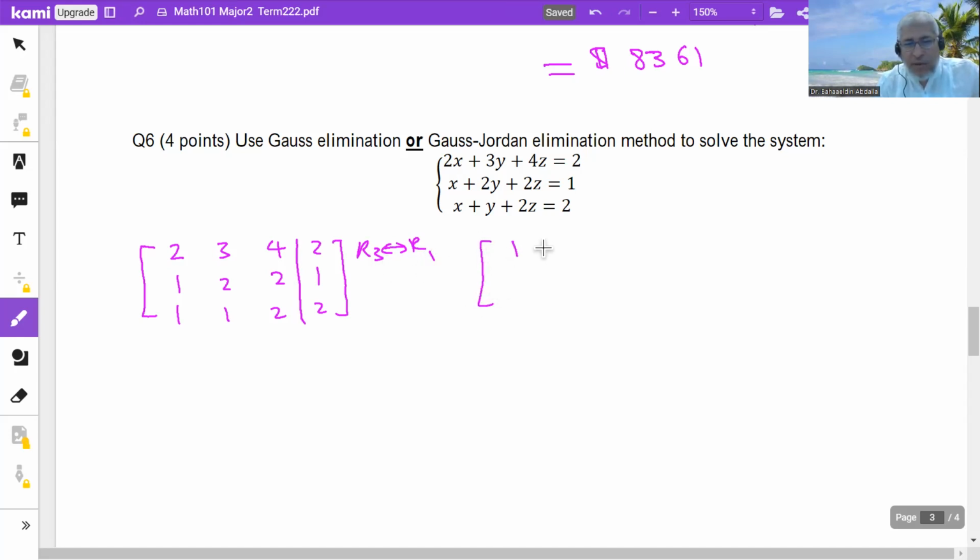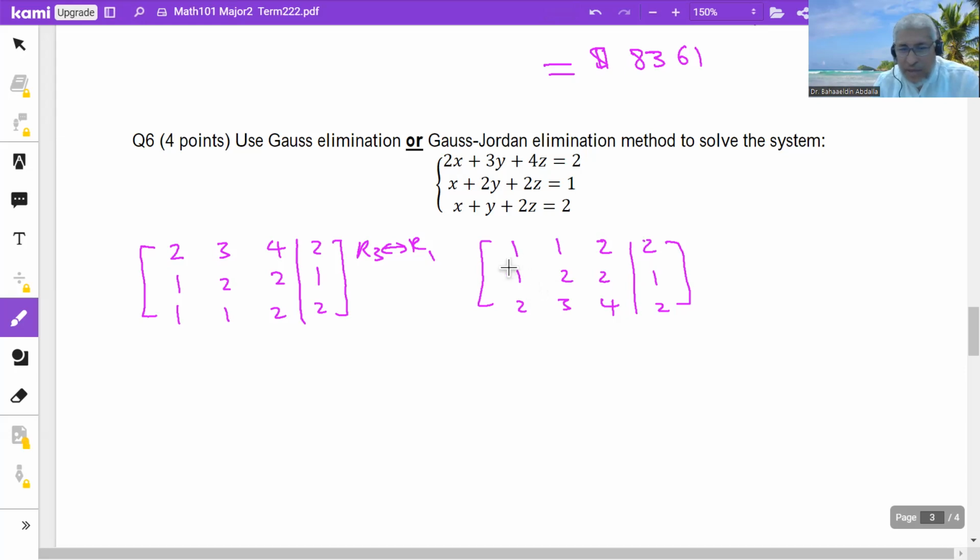So I'll have 1, 1, 2, 2, and the second row, I'll keep it as it is. 1, 2, 2, 1. And the first row will be the third row. And now I have 1 in this position, so I need to make all the other numbers zeros.